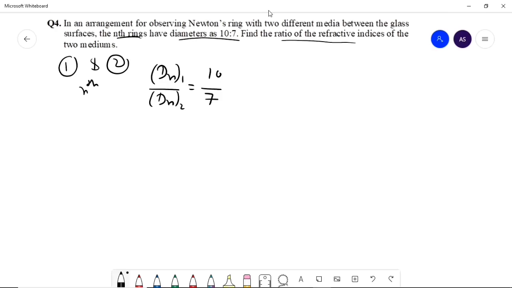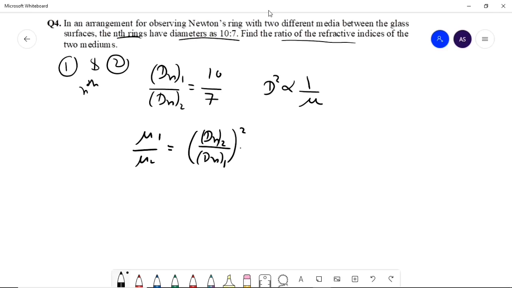All of you know that the diameter square is inversely proportional to the refractive index. It means the ratio of mu1 to mu2 is equal to Dn2 square divided by Dn1 square, which is 7 by 10 whole square, and the final answer is 49 divided by 100.